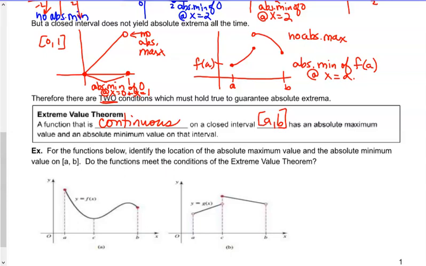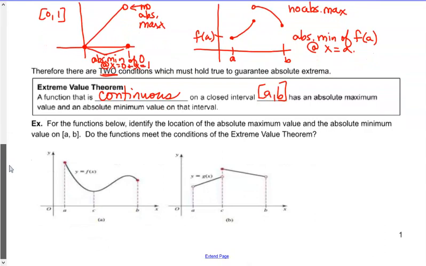Okay? So, if we are guaranteed that, can we determine for the functions that we see here in A and B on these graphs whether I have an absolute max and min? Well, in graph A, notice I do have a nice continuous function. Check. It is on a closed interval. Check. Therefore, I will have an absolute max and an absolute min by this theorem. So on part A, continuous on AB, those are the two things I have to check.